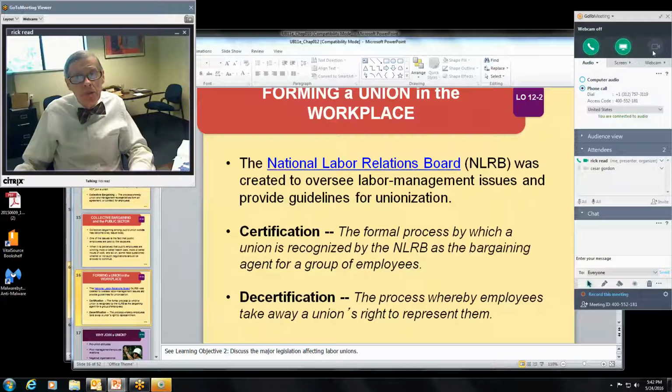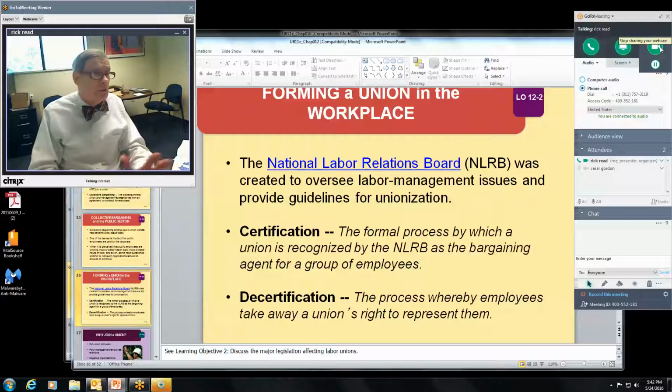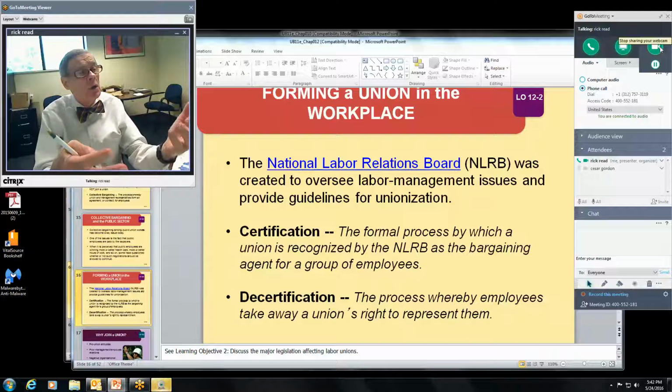Now, elections for labor unions and decertification of labor unions fall to the responsibility of the National Labor Relations Board, created by an act of Congress. The National Labor Relations Board is set up to oversee labor and management issues, which could be disputes, and then to provide guidelines for a potential union election.